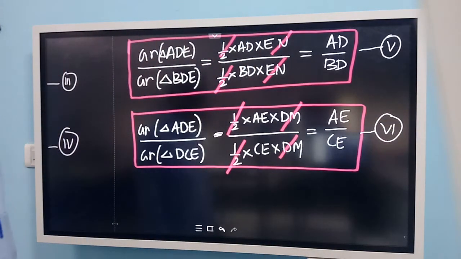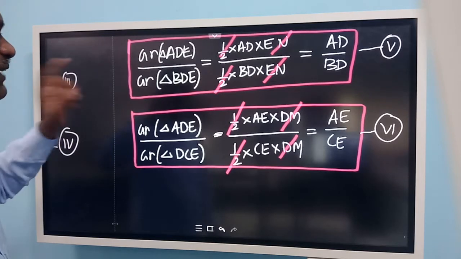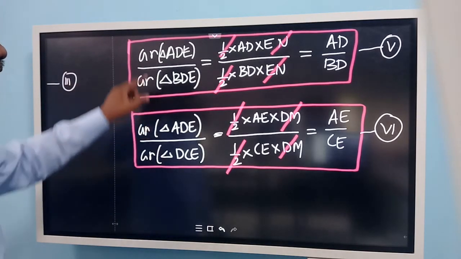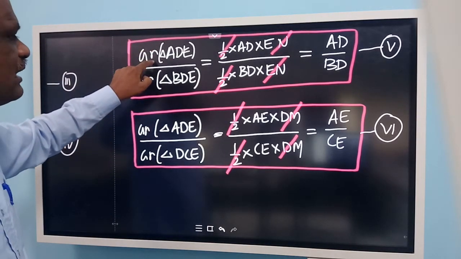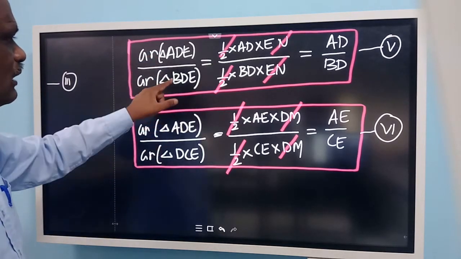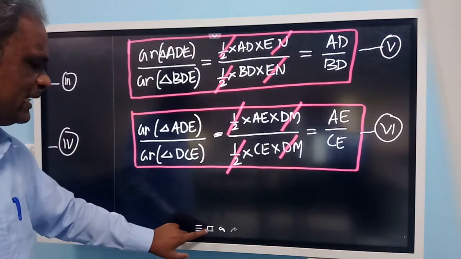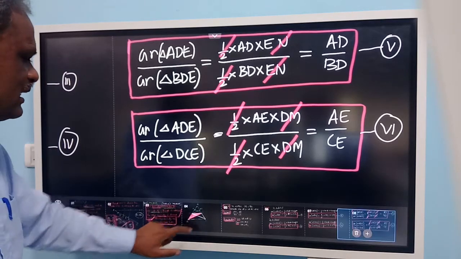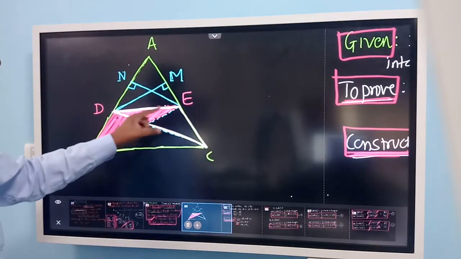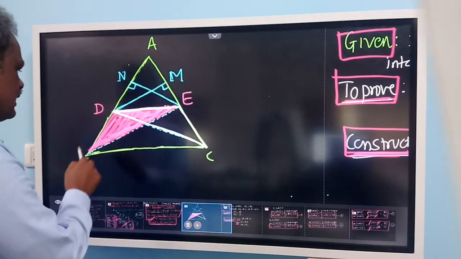Now look at the 5th and 6th equations. The numerators are the same, area of ADE in both. What about the denominators, BDE and CDE? BDE means this triangle, CDE means this triangle. Tell me whether they are equal or not.